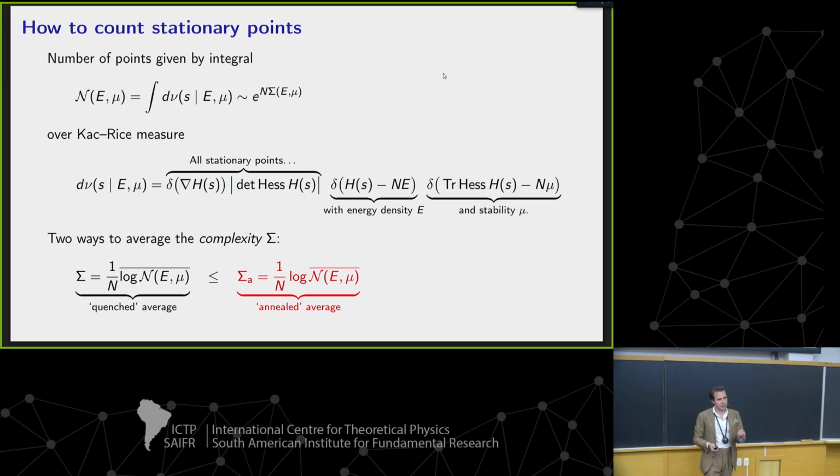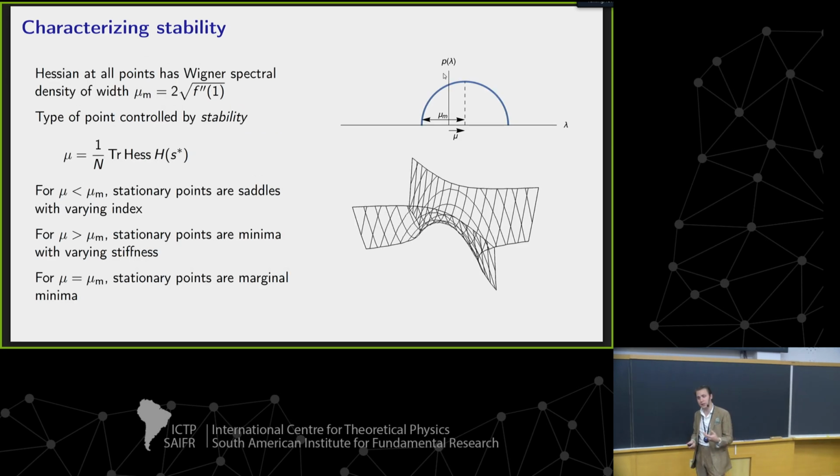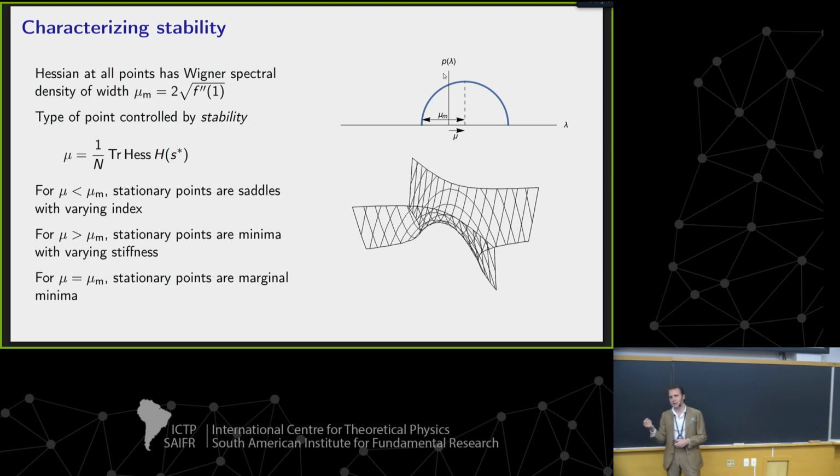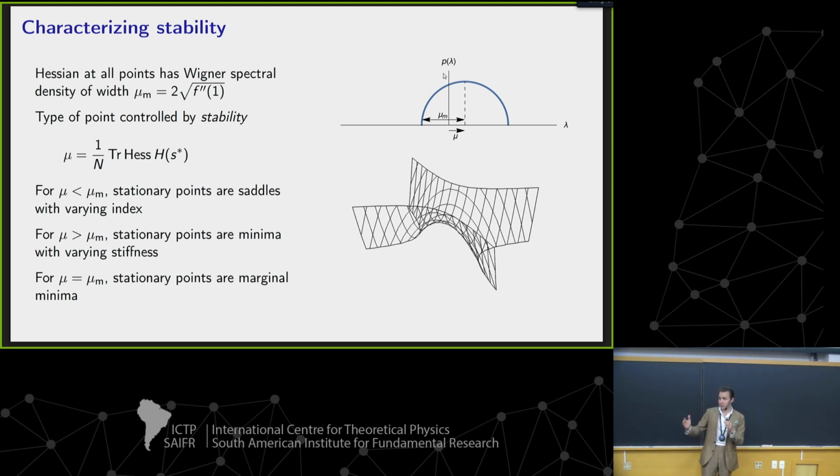So this mu, which I claimed could classify the type of stationary point, how does it do it? Well, all of the spherical spin glasses, not just the pure models, have another way in which they're not very generic. The Hessian at every single stationary point has a spectral density with the exact same limiting form, the Wigner semicircle, but shifted by different constants.